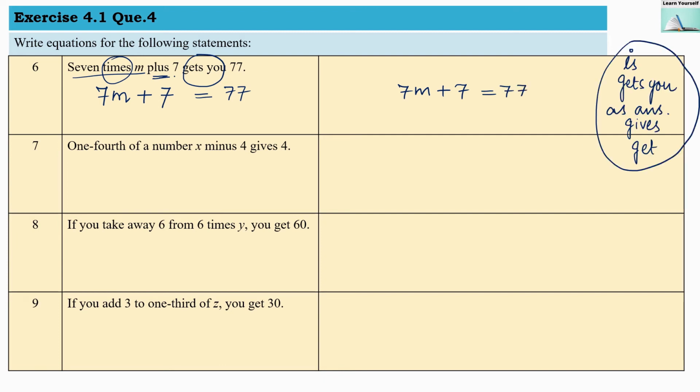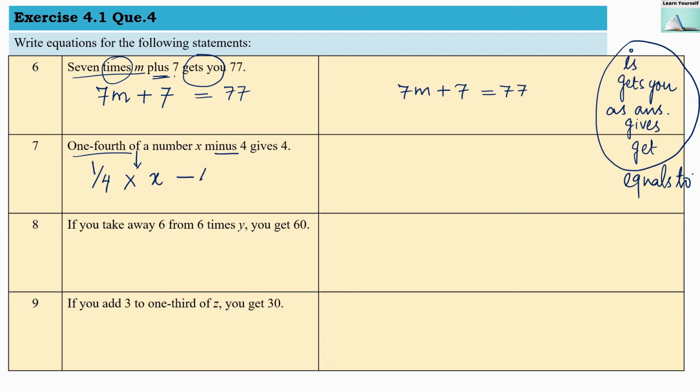All these mean equals to. Next, 1/4 of a number. 1/4 is 1 divided by 4. Of means it is multiplication. A number x. Then x minus 4. Minus means we are putting a subtraction sign.